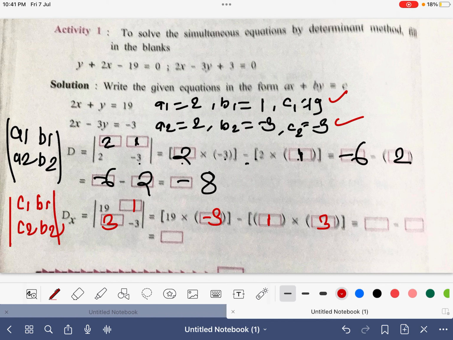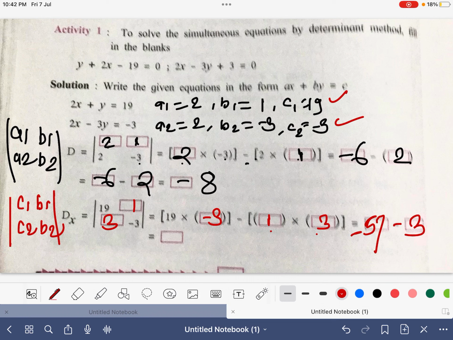First of all, solve this. 19 threes are 57, and because of the minus, 19 multiplied by minus 3 is equal to minus 57. Now there is another term, 1 multiplied by 3, so minus 57 minus 3.